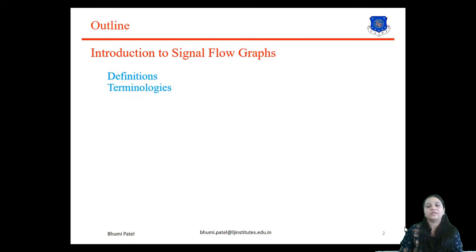Next, terminology. What type of terminology is used in the signal flow graph method? For example: node, branches, dummy node, source node, input node, output node, mixed node, forward path gain, loop gain, path gain, etc. This type of terminology is used in the signal flow graph method.